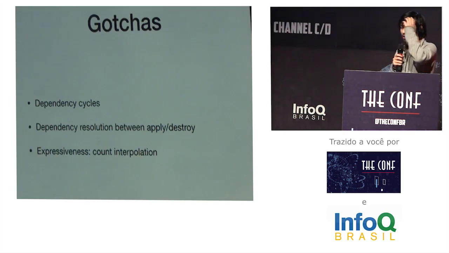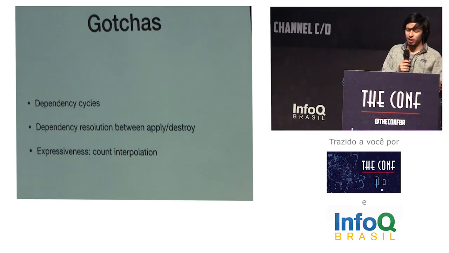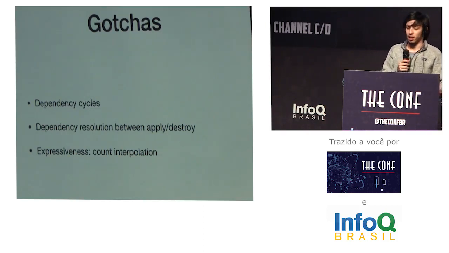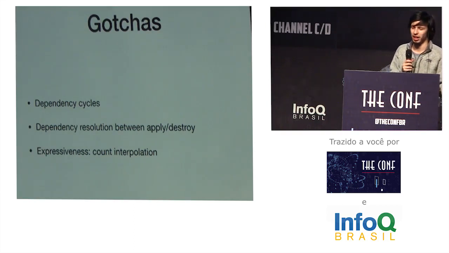Cyclical references are not good for applications, but for basic infrastructure, say I have an LDAP server, on Amazon for example, I need a security group to grant access from the LDAP server to all the other servers, and all the other servers should be able to access the LDAP server. And depending on how I do it, either I'll get big spaghetti code, or I won't be able to do it unless you really learn how to structure some modules in Terraform, but they don't have any examples of that.